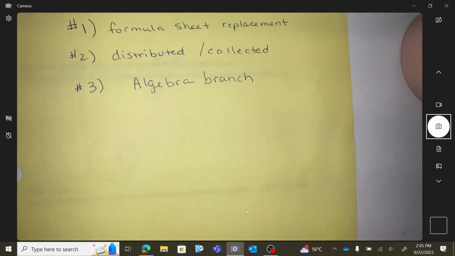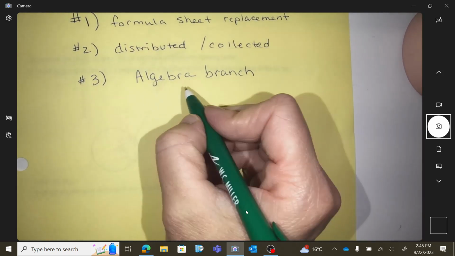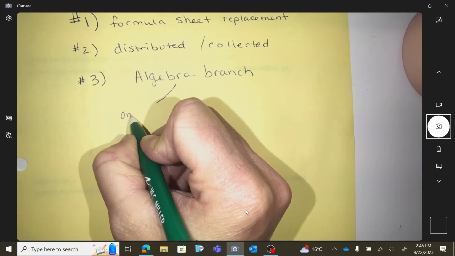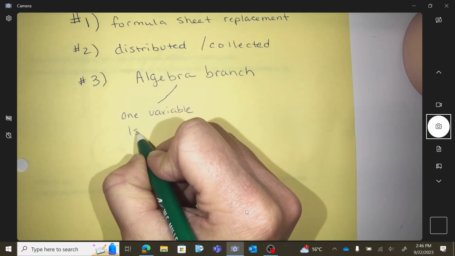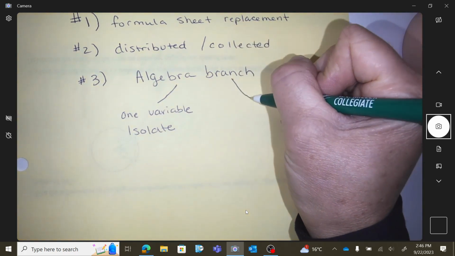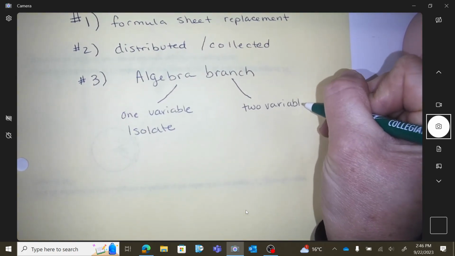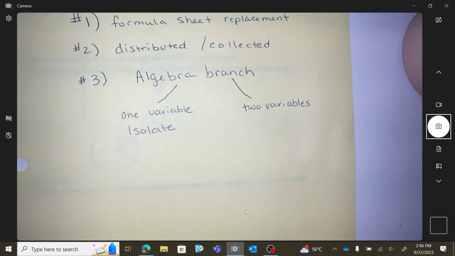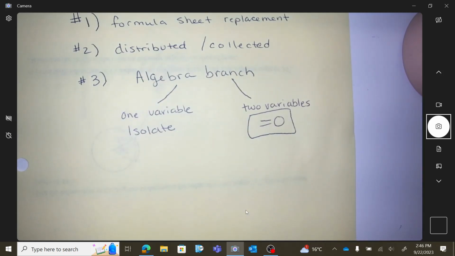Number 3, you would go to your algebra branch, which says one variable, isolate. You probably won't have one variable in these ones, but if you had 2 variables involved, you should equal it to 0.